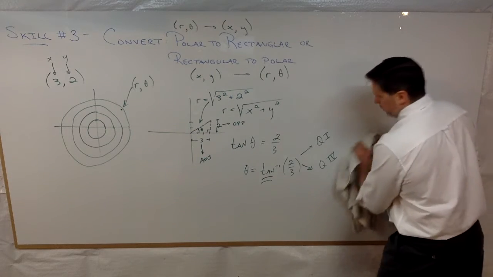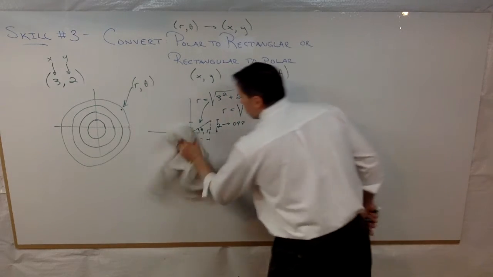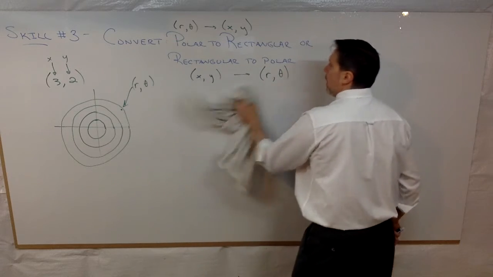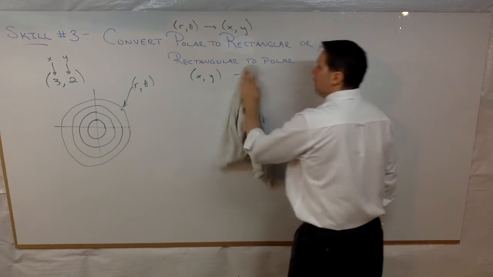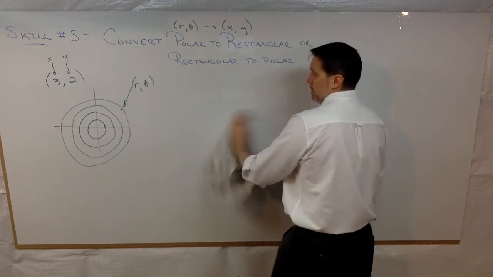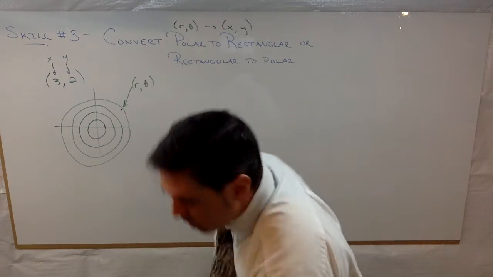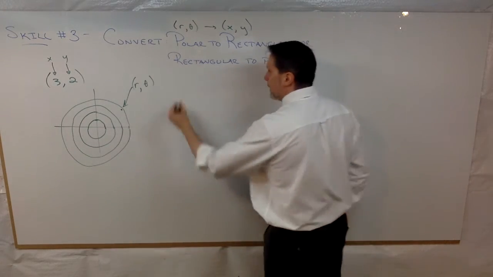All this stuff, I'm going to need the space. Put all this stuff together, and this is going to be how we're going to convert from a rectangular xy to an r theta. All right, so let's put it this way.